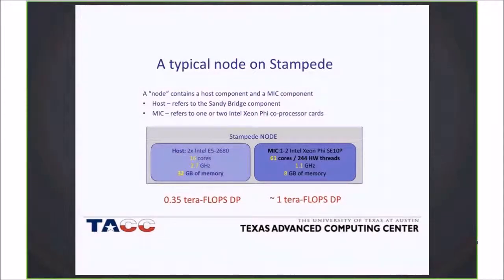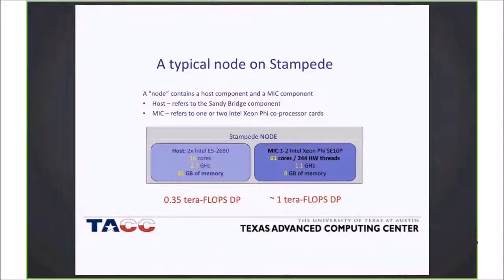Stampede is the first large cluster equipped with Intel Xeon Phi core processors. It is also named MIC, short for Many Integrated Cores. A typical node on Stampede contains a host component and a MIC component. The host has two Intel E5-2680 sockets.